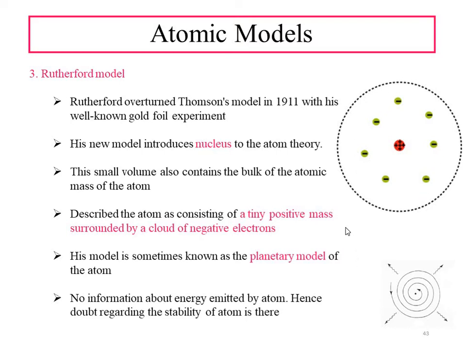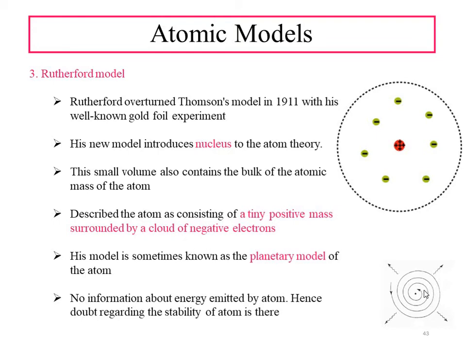But how did this model fail? That's the most important thing. He doesn't give any information about the energy emitted by an atom. If you know X-rays or other photonic emissions, how does that emission come out of an atom? His model failed to explain these things, and that led to the failure of the Rutherford model.